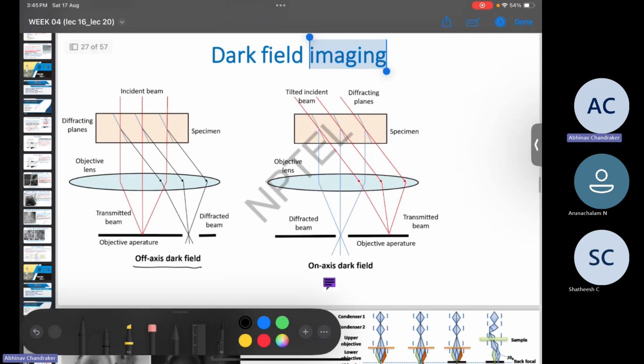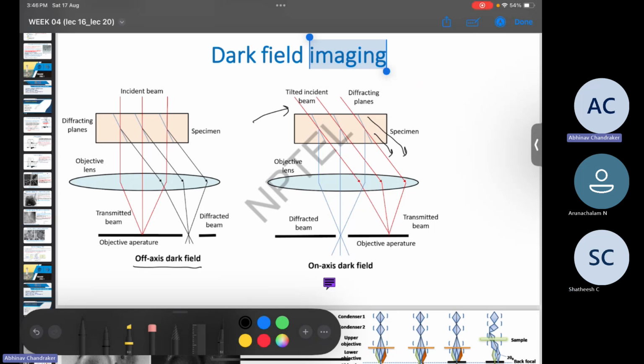But another way to do dark field imaging is by tilting the incident beam. So instead of having the incident beam parallel to the optic axis and perpendicular to the lens, we have a tilted beam. All the electron waves which got transmitted directly through the specimen will not be parallel to the optic axis.